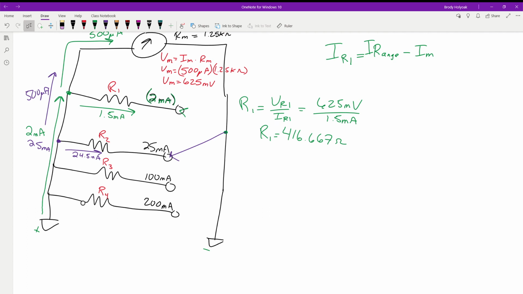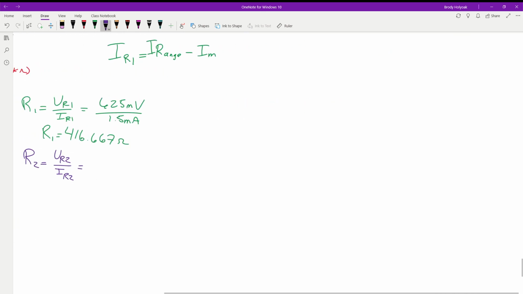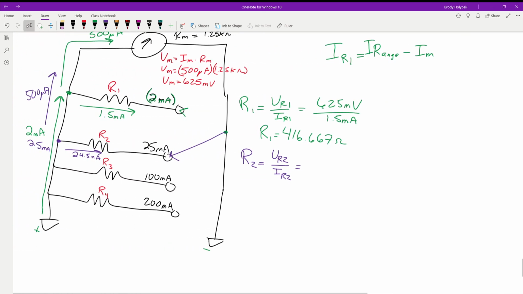So with that, now we need to solve for the value of R2. Again, we take the voltage of R2 divided by the current of R2. This is in parallel with our meter, so this isn't changing. So we end up with 625 millivolts divided by the 24.5 milliamps.